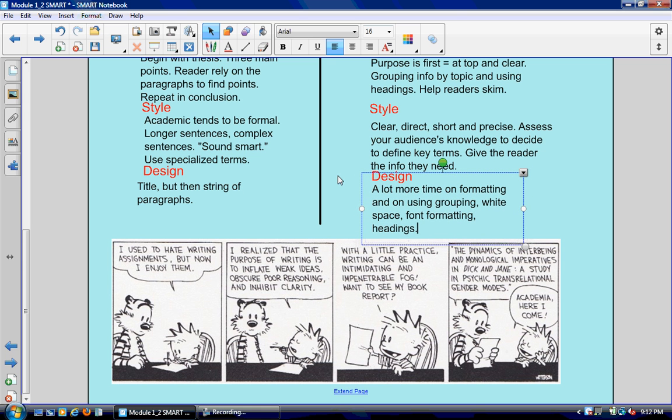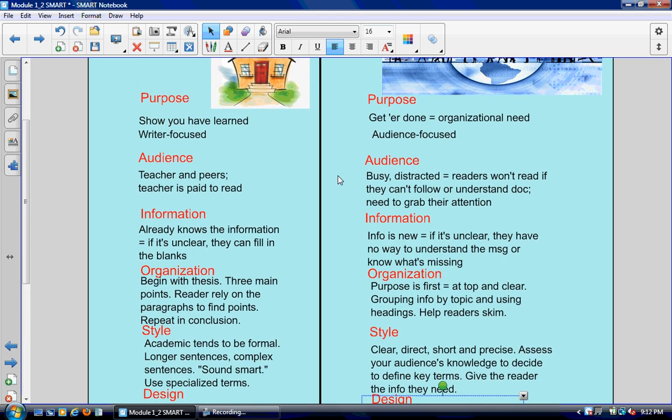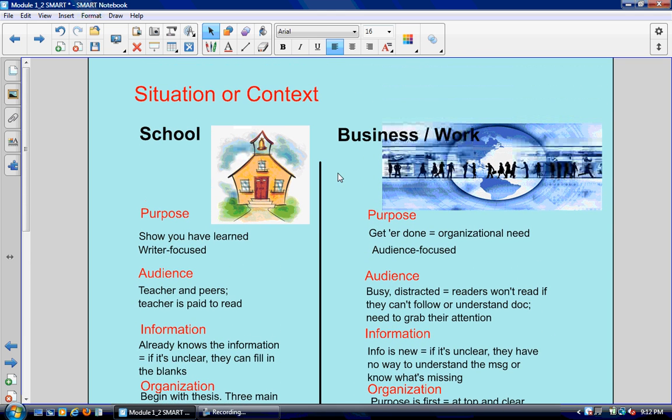Okay, and so a lot more goes into document design in business writing than in academic writing. So you can see that it's not the same situation or context. There's a lot that's different in business writing.